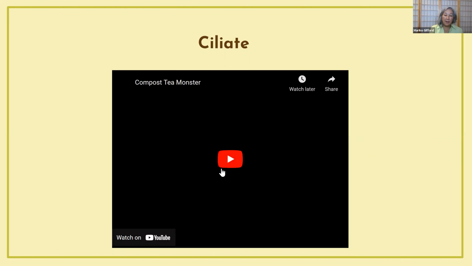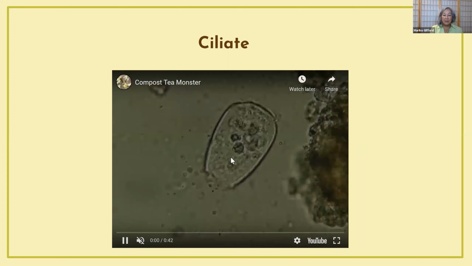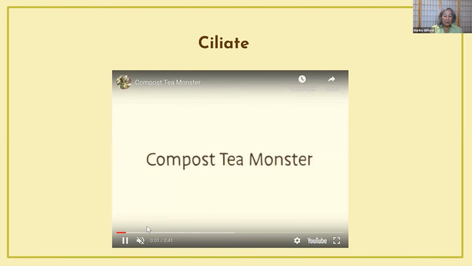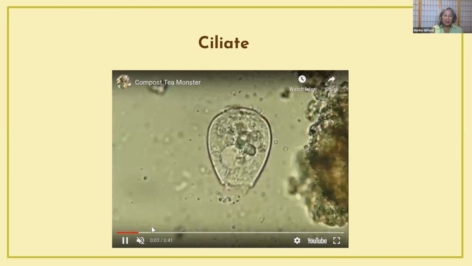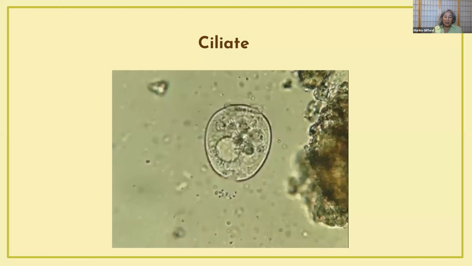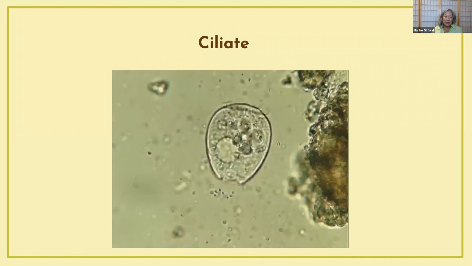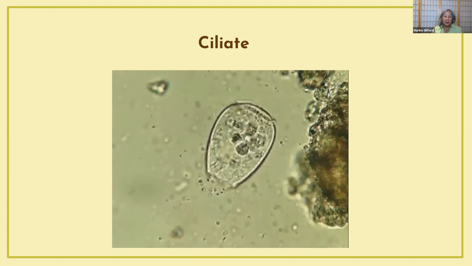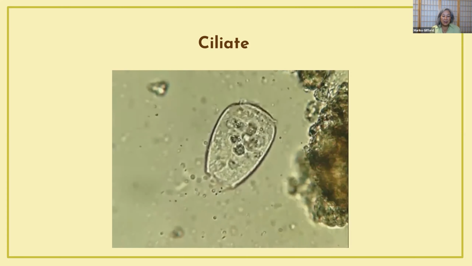I had to show this because we saw it before, but this one was just as it's eating. It goes round and then, as I was describing before, it opens the mouth, there's all the bacteria right there, and then it draws it in and eats it.